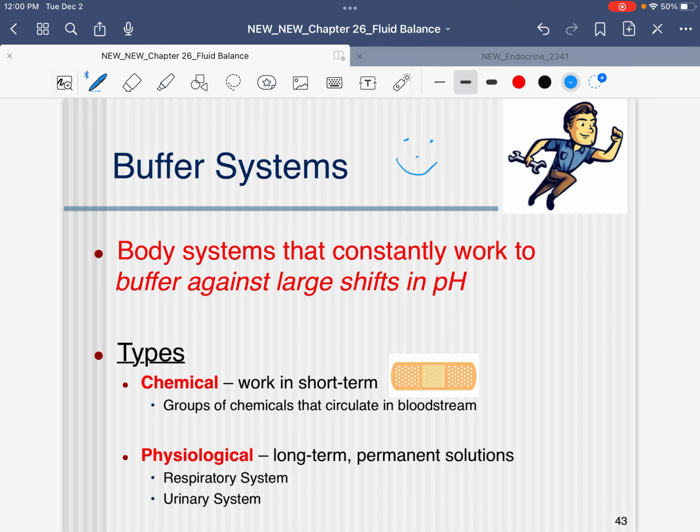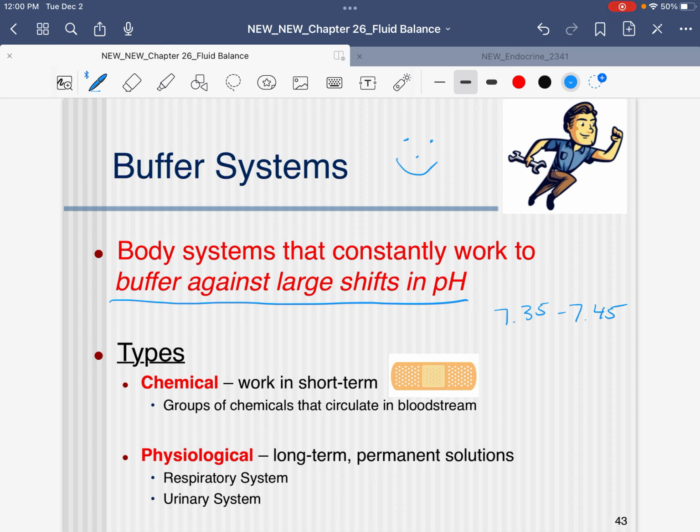Yay! But it's important that we get the main point home, because without these buffer systems, our blood would become out of pH all the time, out of the normal pH range. So a buffer system is something in our body that works to buffer against large changes in pH. That's where it gets the word buffer. We already know the normal pH range of blood, 7.35 to 7.45.